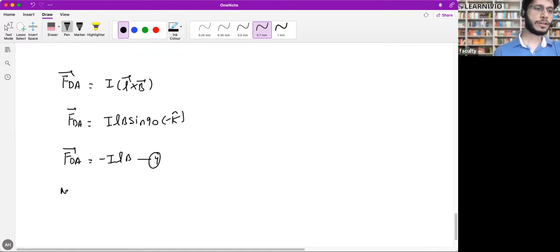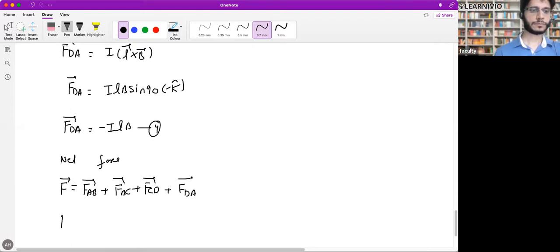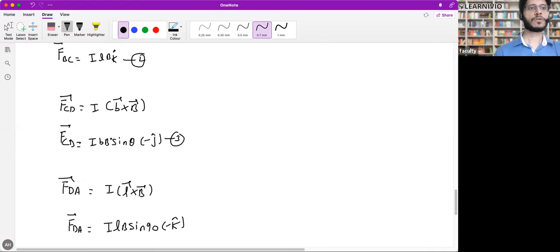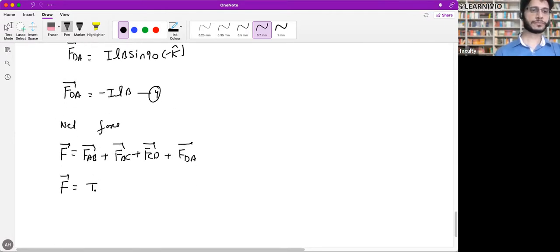Now you can calculate the net force: FAB, FBC, FCD, FDA. FAB is IbB sine theta J cap.